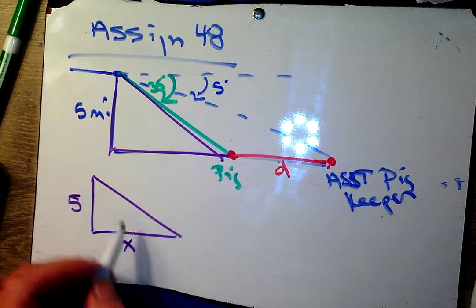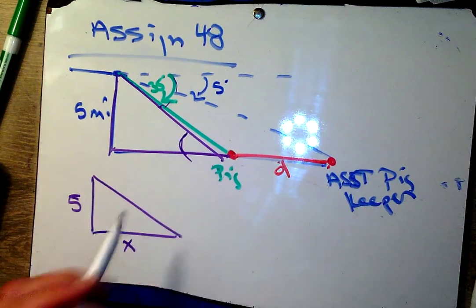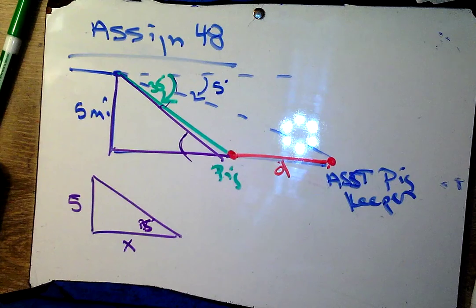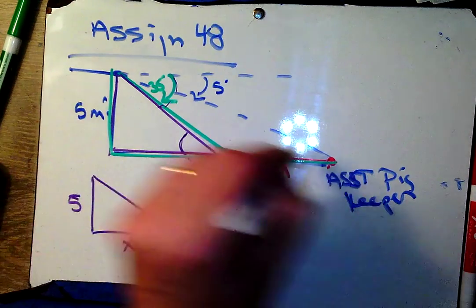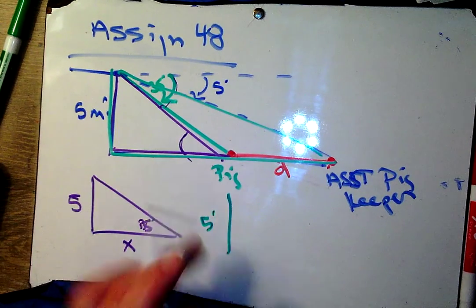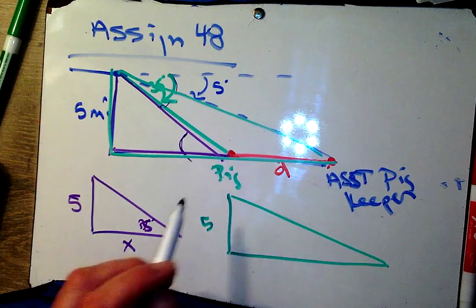X, 5. Hey, since this is 35, this must also be 35. Okay, and we have this larger triangle here. And it also has 5 miles. It's very tall.